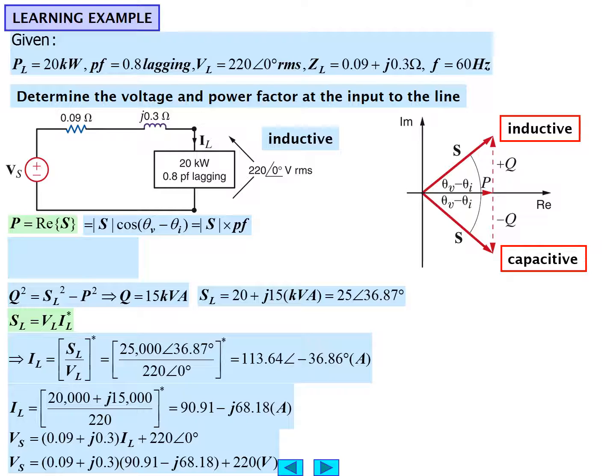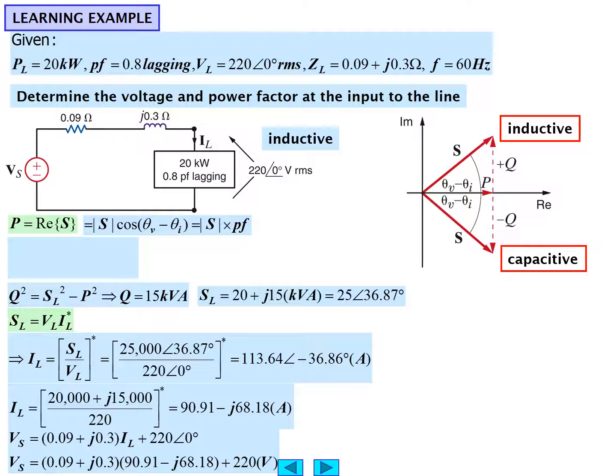V sub S, as far as the source is concerned, using Kirchhoff's voltage law, would be the network losses, 0.9 ohms plus j0.3 times I sub L, plus the load voltage V sub L, which is 220 at an angle 0. Our only problem is to consider this as a complex arithmetic problem. We are helped by the fact that 220 angle 0 is already just 220 in rectangular form, as a real part with no complex part.